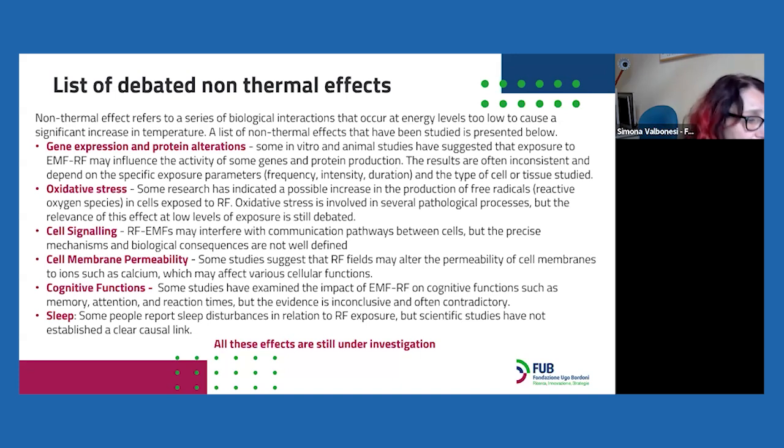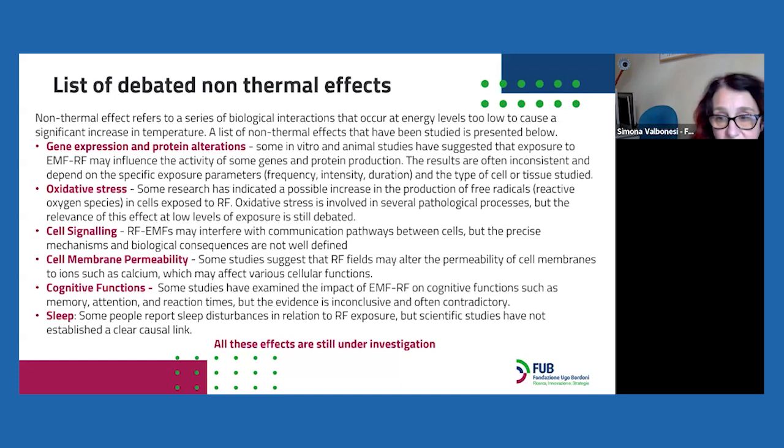Cell signaling. Some in vitro studies on intra and intercellular signals reported that low radiofrequency levels may interfere with communication pathways between cells.